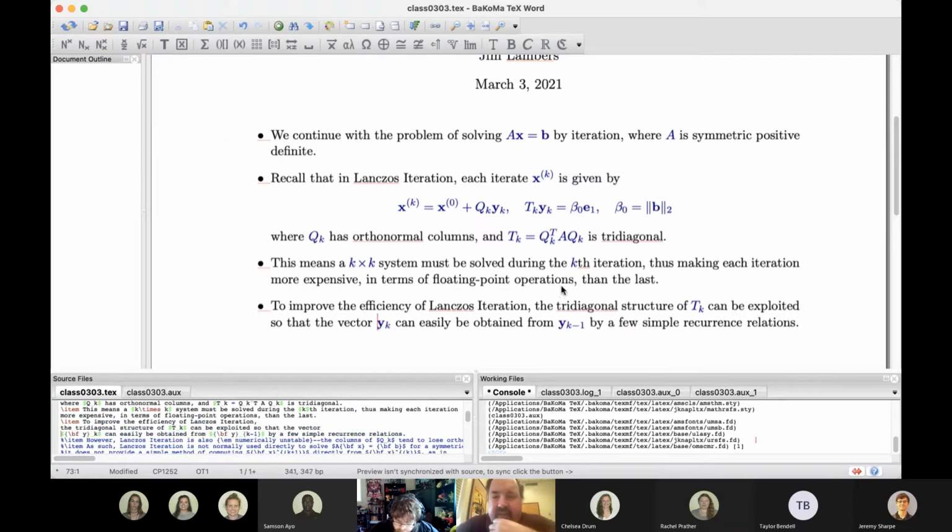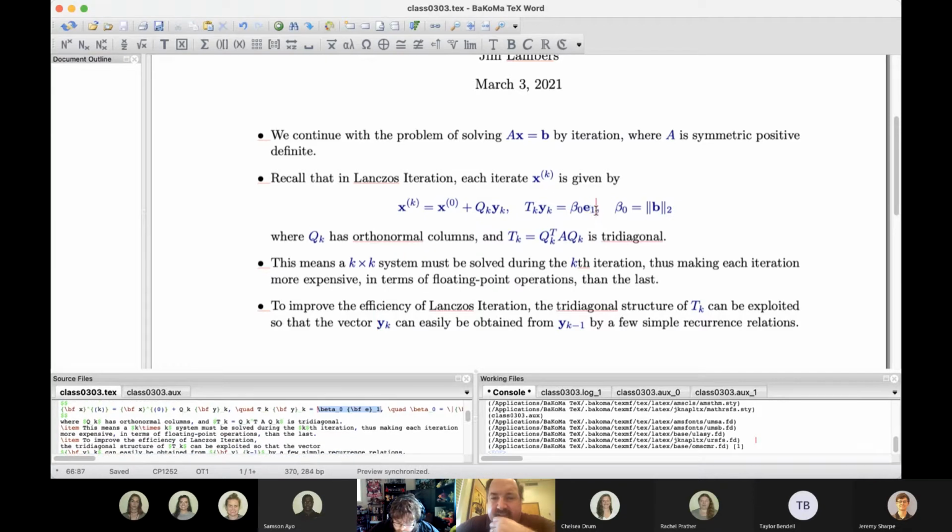Now, one thing that can be done, and I won't get into the details here, is that because T_k is tridiagonal, and because the right-hand side is a multiple of e_1, the first column of the identity, it is possible to use the fact that T_k is tridiagonal to express y_k in terms of y_{k-1} without too much work.